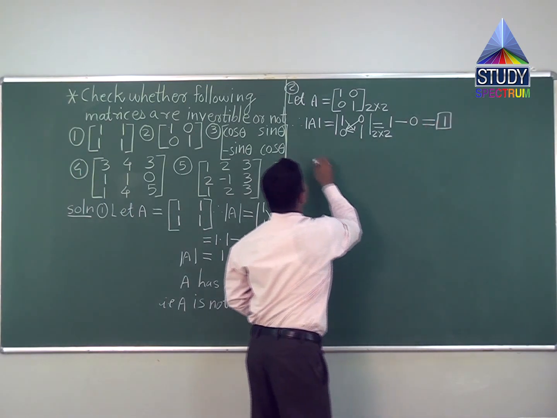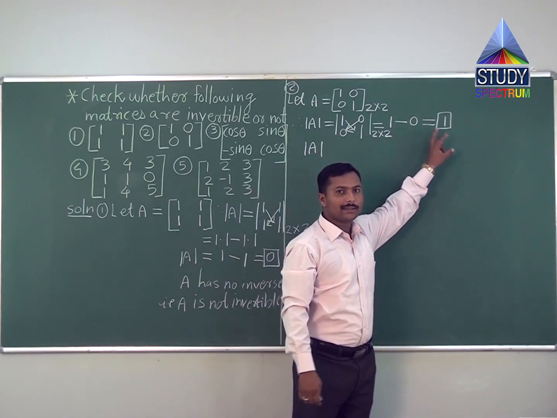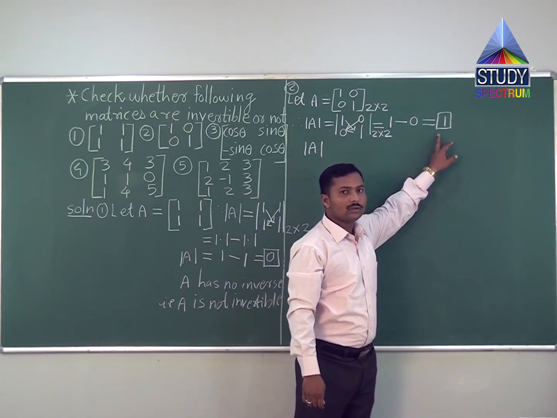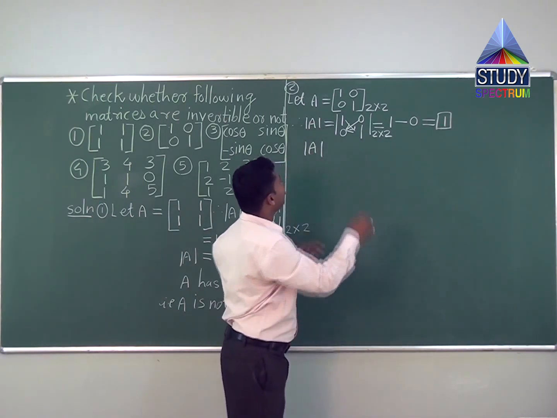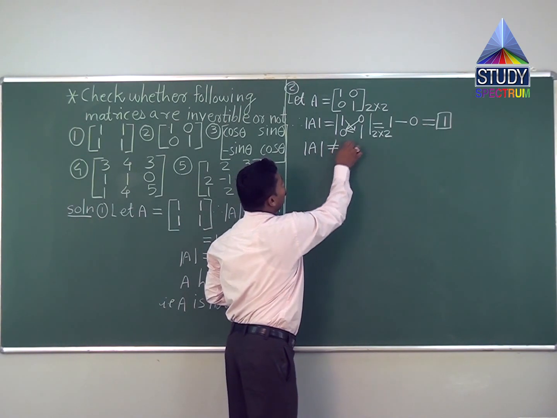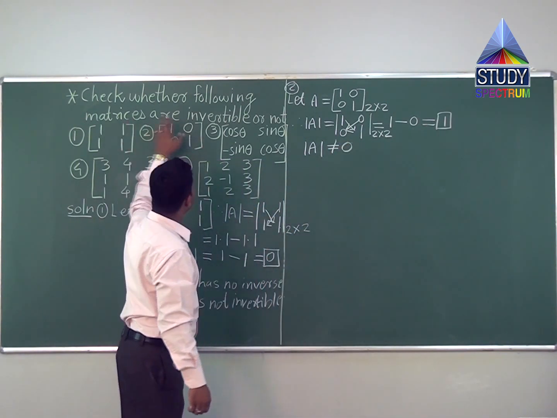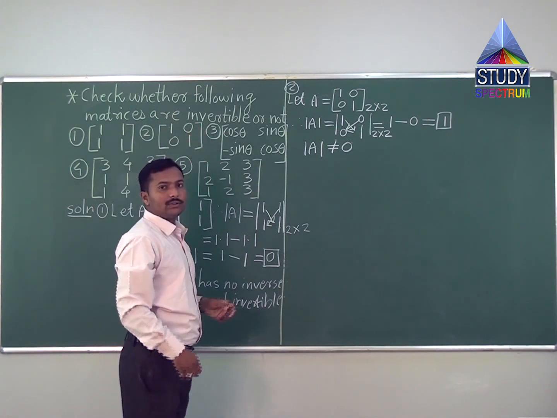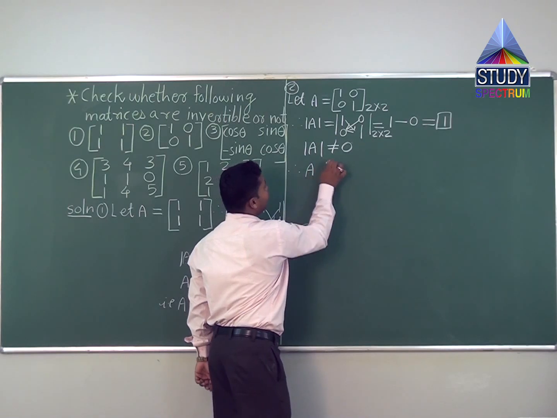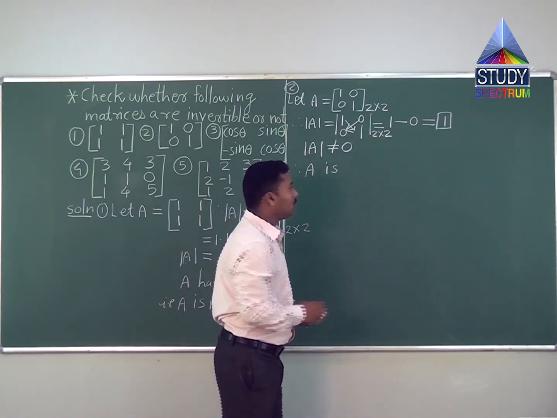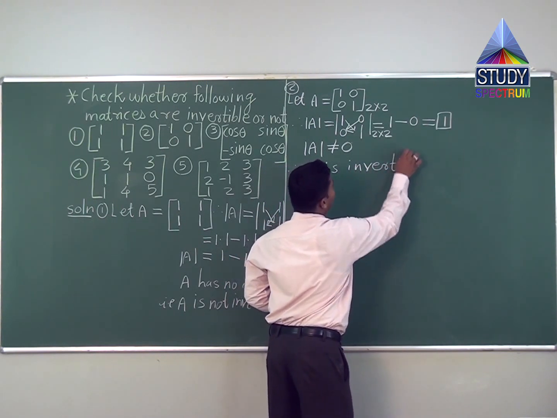So determinant of A is equal to 1. Is this number 0? No, this is non-zero. So determinant of A is not equal to 0, and therefore this matrix is invertible. A is invertible.